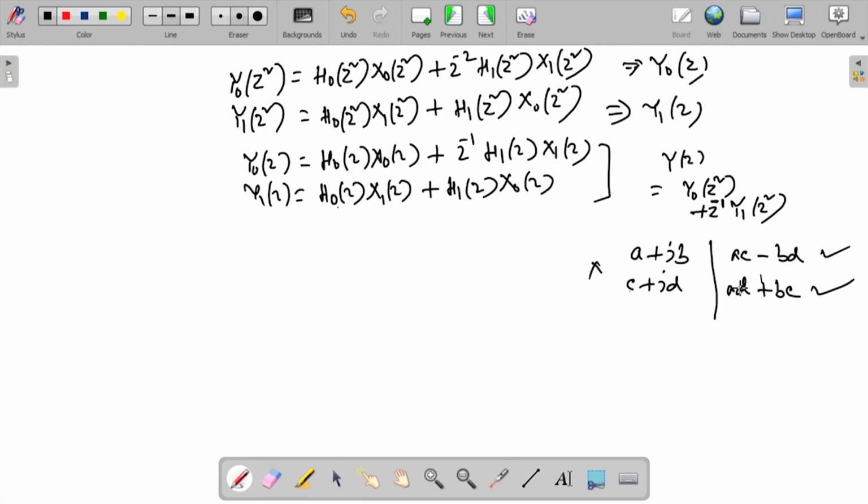The way it is done is this: you evaluate this AC minus BD and then calculate this A plus B, no j here, C plus D. So, A plus B one extra addition, C plus D one addition, one multiplication.